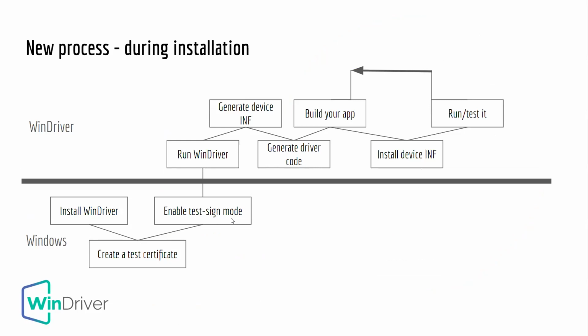Once you enter the test sign mode, which again I will explain shortly, you are able to run WinDriver, generate the INF, generate the driver code, build your app, and then even in case of a crash or hang, you won't need to reboot or restart the computer. Your computer will stay in test sign mode, and with the test certificate generated by WinDriver, you won't need to disable the digital signature enforcement.